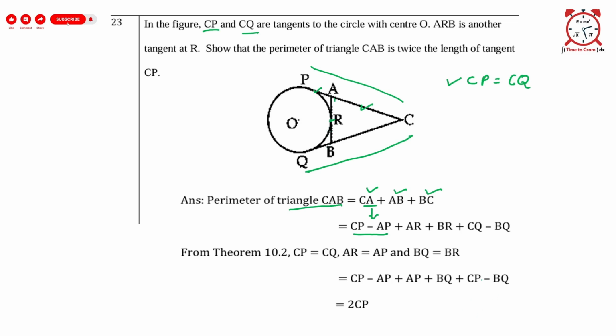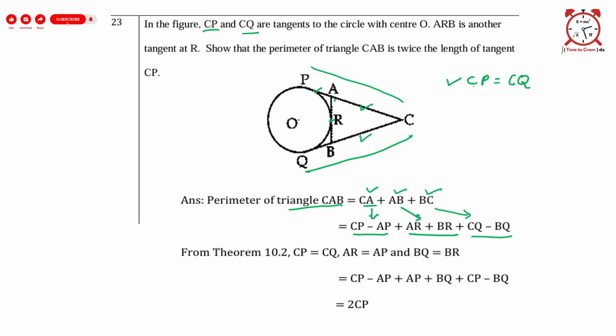So for AB we are writing AR plus BR. Now for BC, same way as we did for CA. BC, this part only. From CQ, if we subtract BQ, then we will get BC.